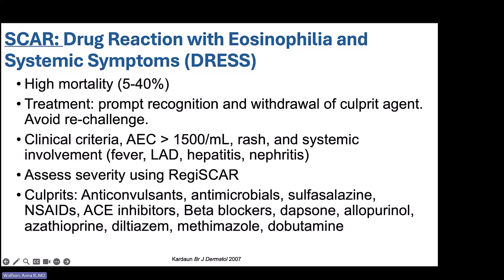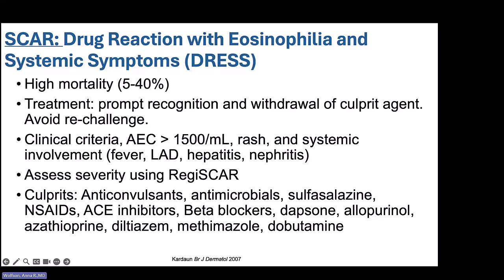Generally you can use various scoring systems. I like to use the RegiSCAR, and in this day and age, you can Google RegiSCAR DRESS, and up comes a calculator where you simply input the information about your patient, what their eosinophil count is, whether they have a rash, if they have lymphadenopathy, those types of things, and it tells you the RegiSCAR score, including the likelihood that it is DRESS.